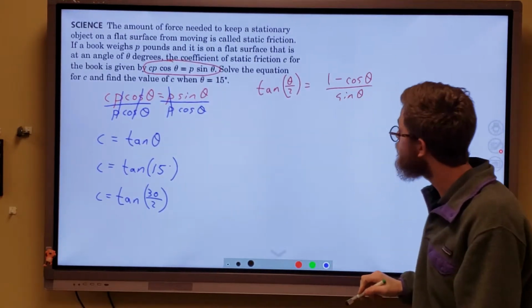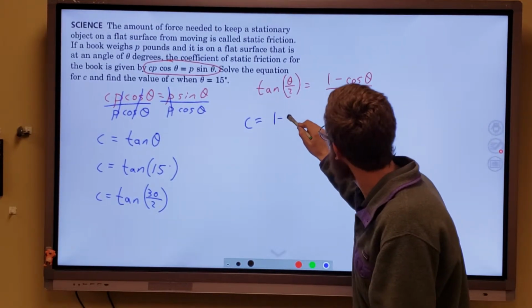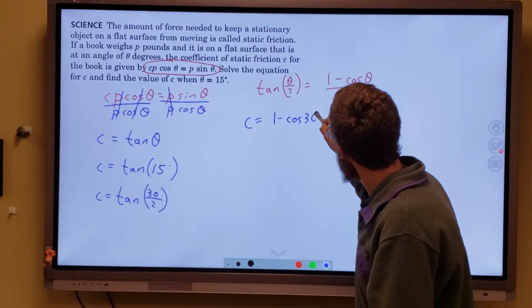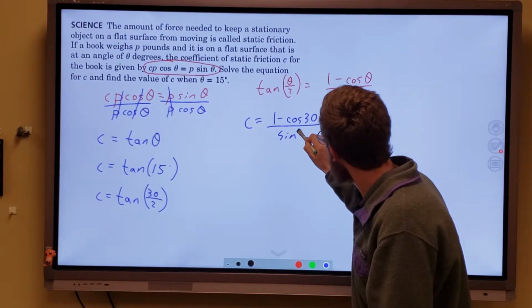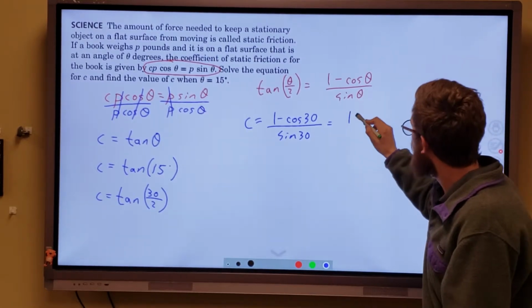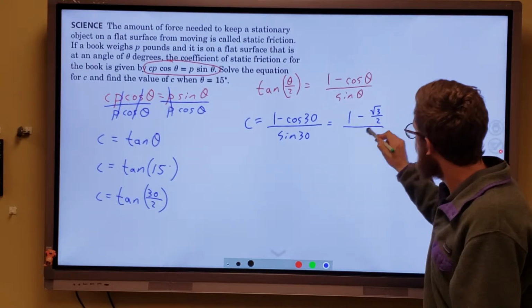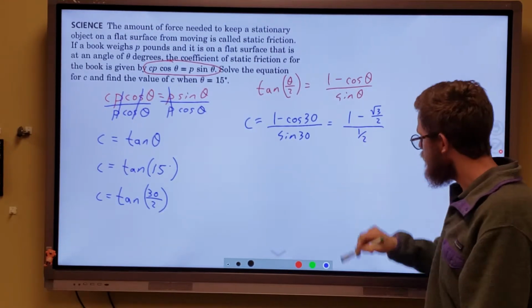I'm going to plug in my 30 for theta, so I have C equals 1 minus cosine of 30 over sine of 30, and I'm going to simplify. Cosine of 30 degrees is square root of 3 over 2. Sine of 30 is a half.